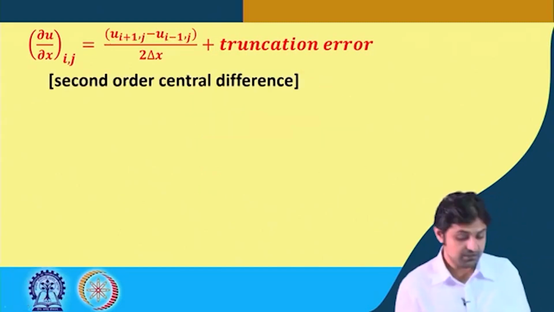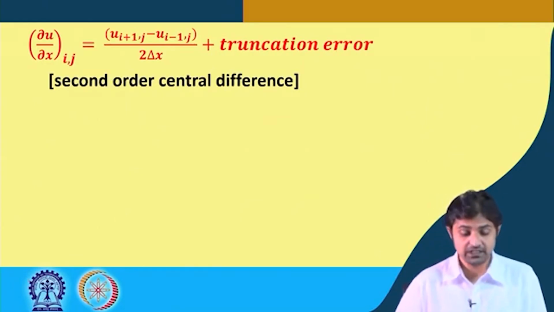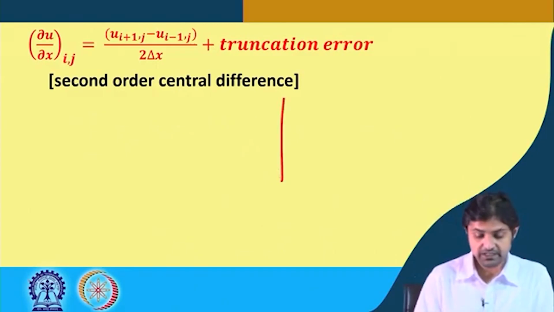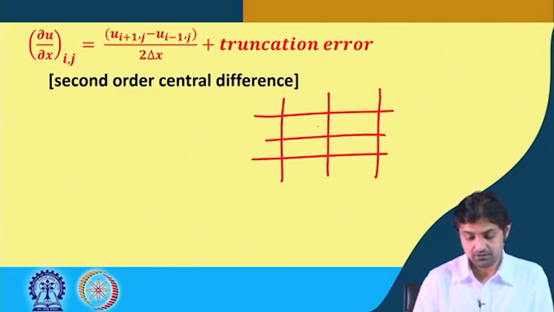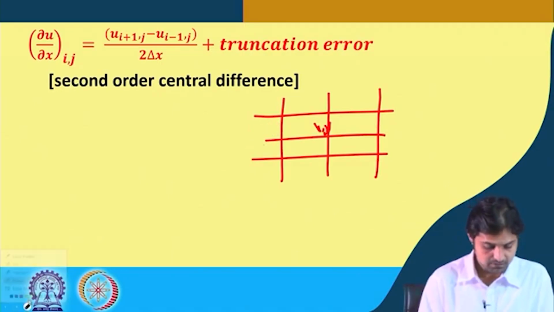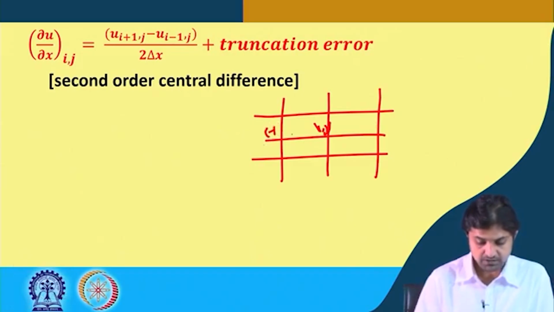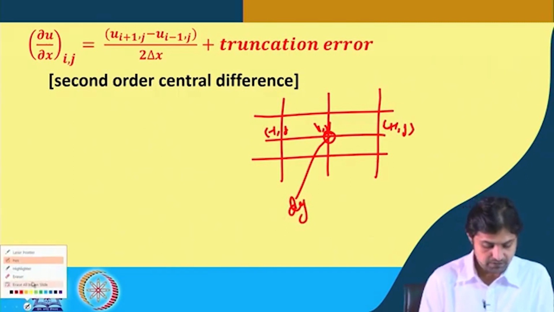So, this is another way, and this is called the second order central difference. What were we calculating? Again drawing, this is I comma j, this is I plus 1 comma j, I minus 1 comma j.